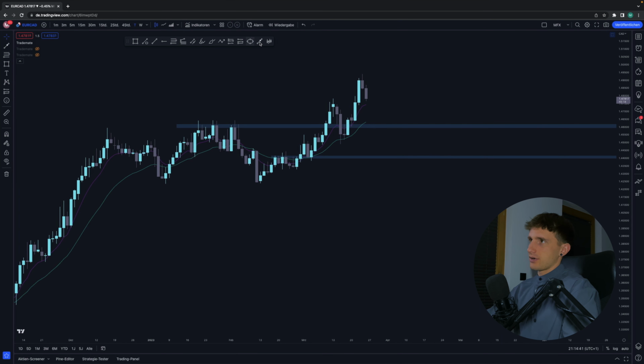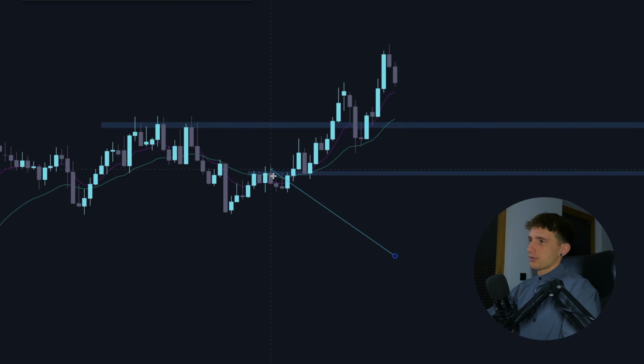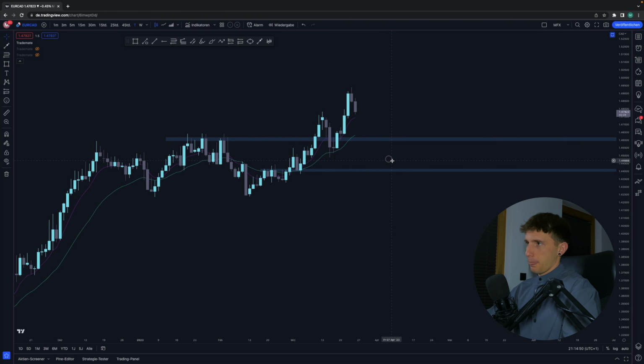You can see this very clearly. We come up, creating this higher low, break through, come back to test this high, and then we're shooting back to the upward side. As well as here, guys, you can clearly see that we are shooting to the upward side, breaking the last high, coming back, retesting it.